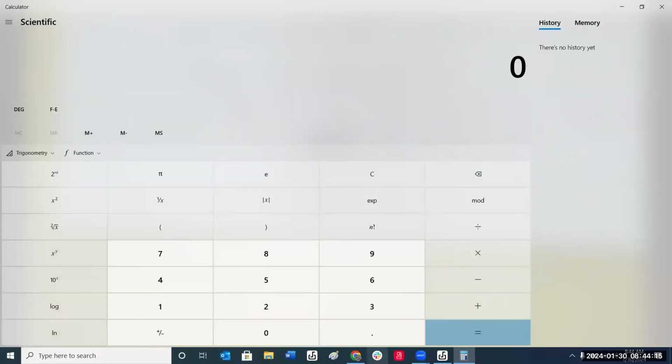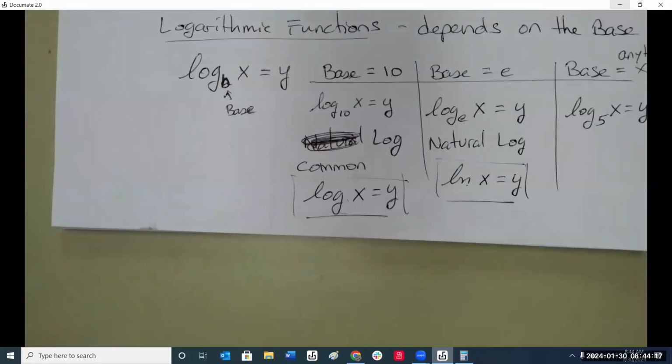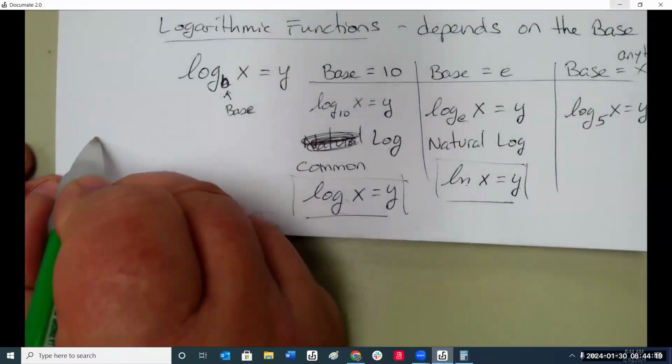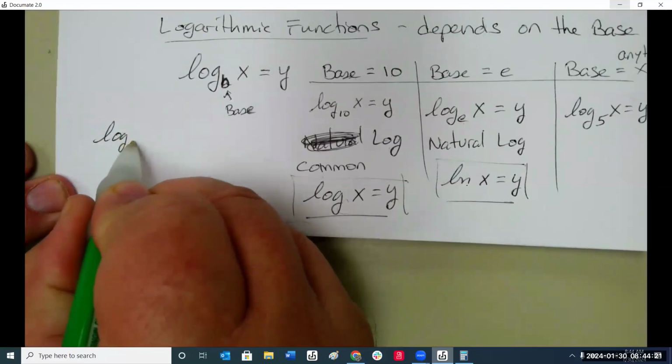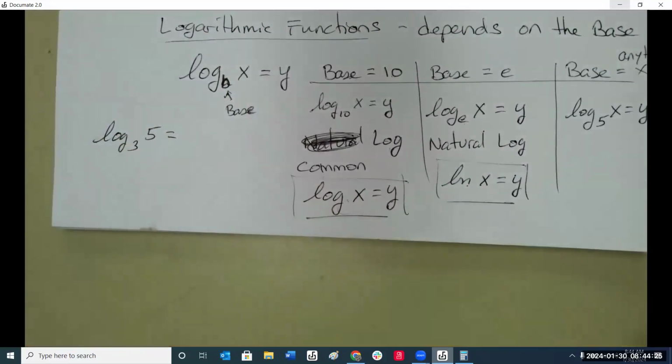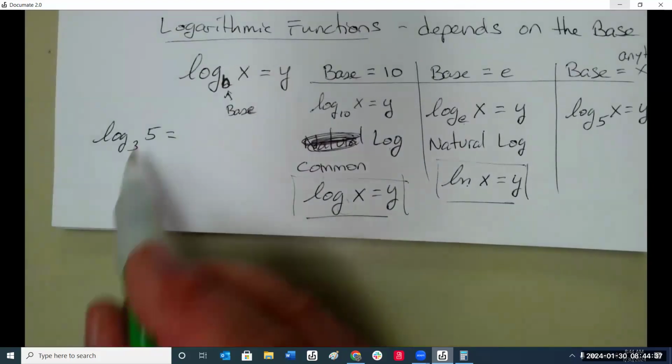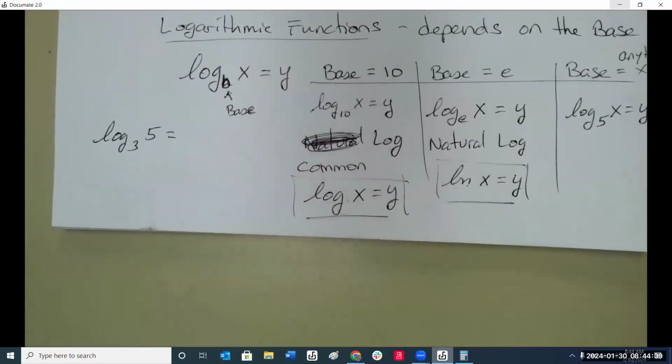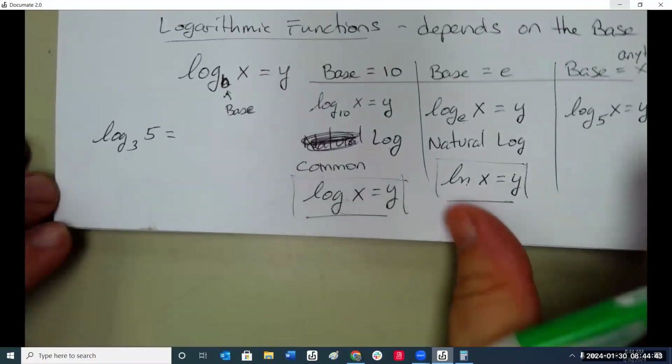So what do you do if I give you an equation like this? How would you give me the answer? You can use a calculator if you want to. Won't do any good because there's no key like this. So you can just poke numbers all you want. There's one formula you have to use.